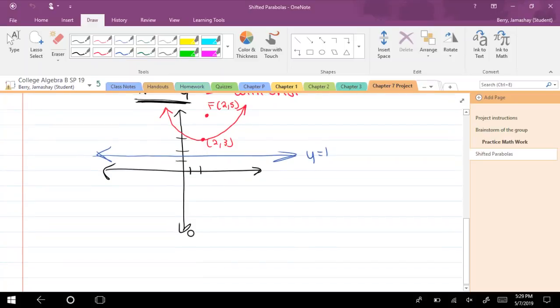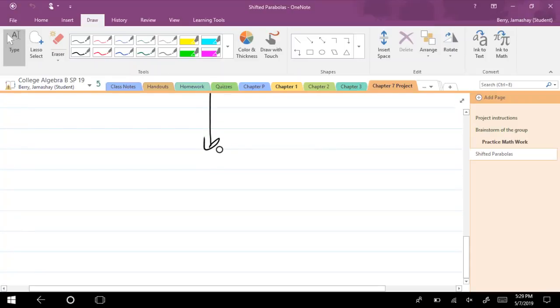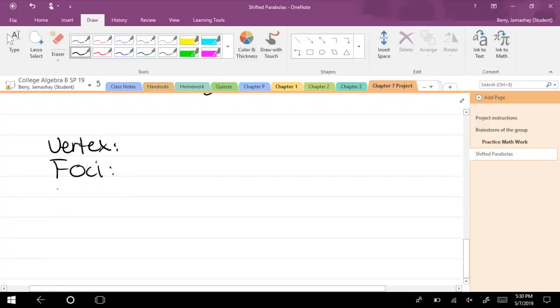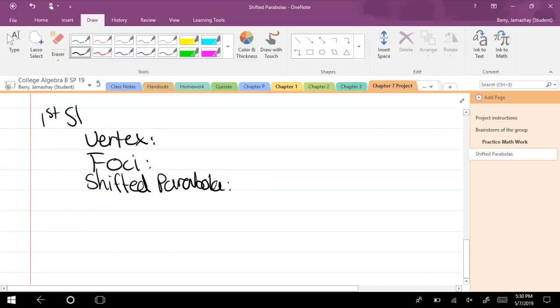Now, there are some key terms in this unit, and I believe that using the vertex, finding the foci, and your shifted parabola equation, those are the 3 things that you should do first, because it is easier if you do that first and then graph it, and then you would find your graph already.